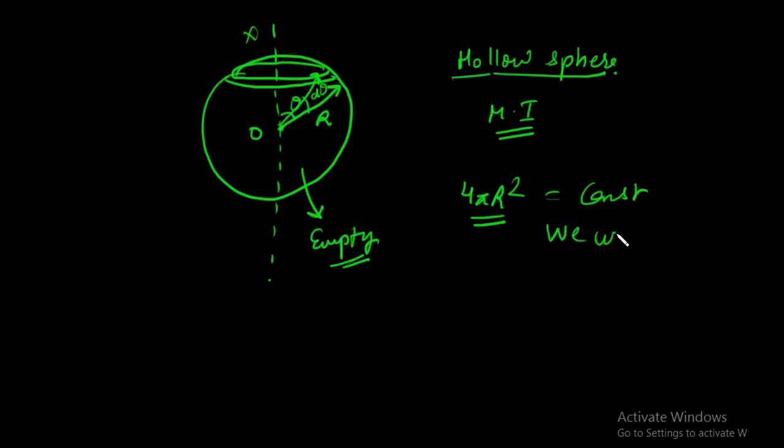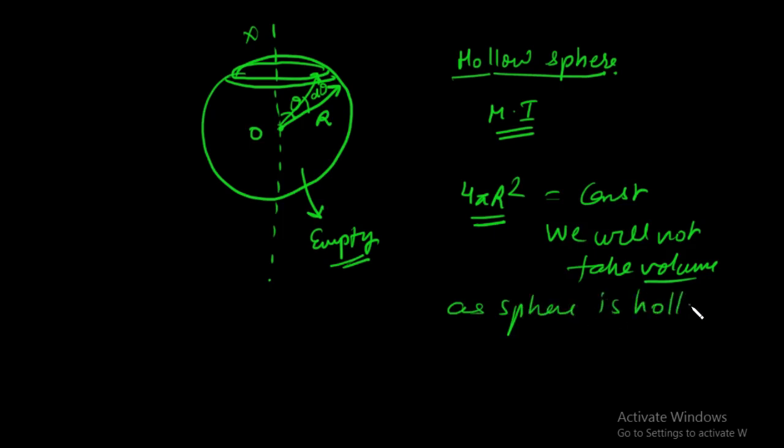We will not take the volume, as the sphere is hollow. We will only take the surface area of the sphere. Surface area is constant, 4 pi r square, so we can express the mass of the ring in terms of surface area, as I already told you earlier.